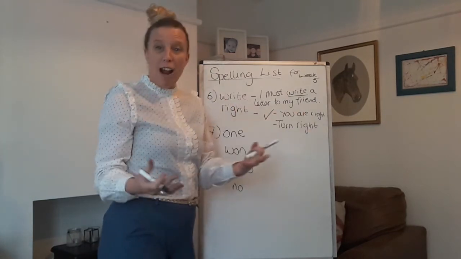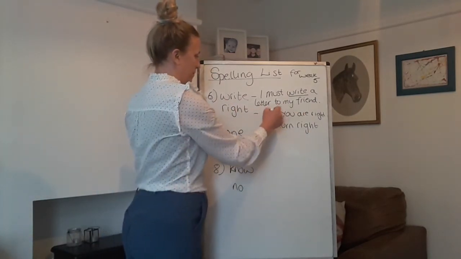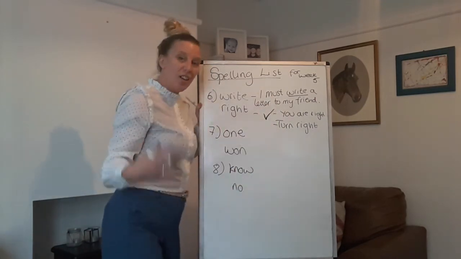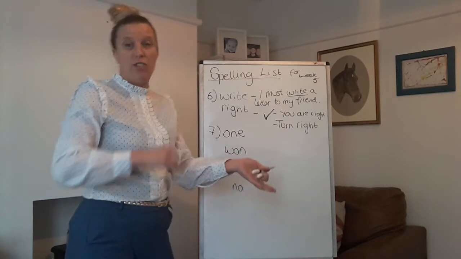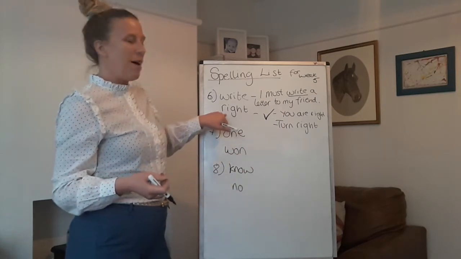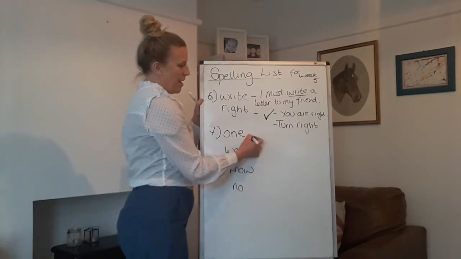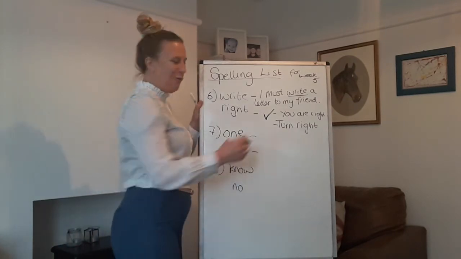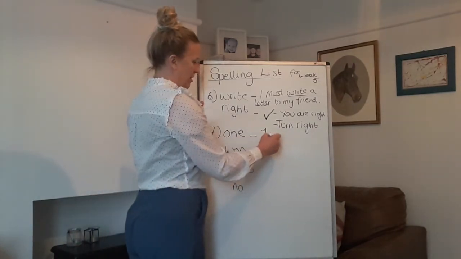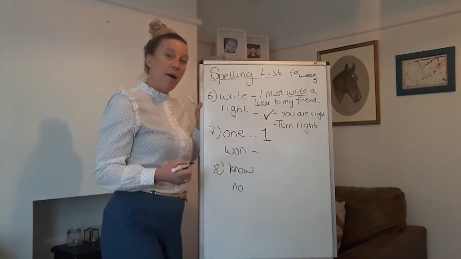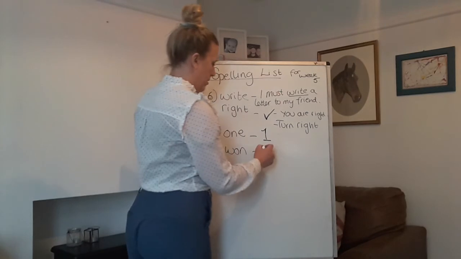You can be right as in correct, you are right, you are correct. Or you can use it for direction, turn right, turn left. That's spelled R-I-G-H-T, okay? And then we have 1 and 1. 1 as in the number 1. Okay, and 1 as in the past tense of to win.